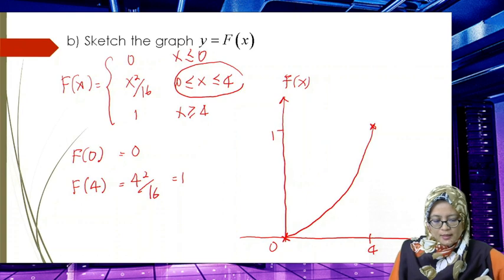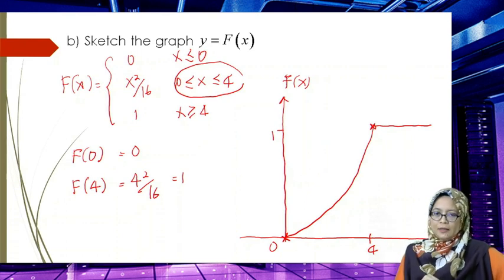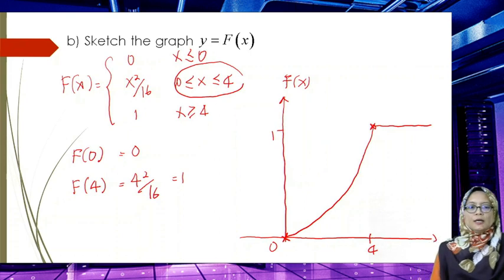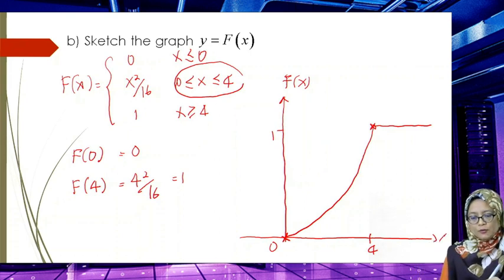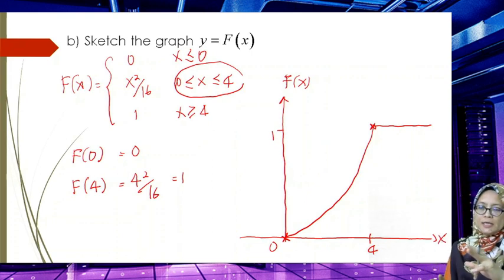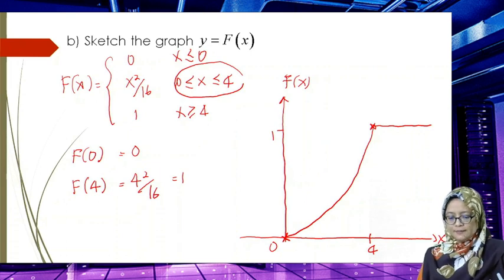So dia dah static. So start daripada 4 and the rest of the interval, nilai dia dah jadi 1. So itu untuk function graph for cumulative. Dia macam bentuk OGIF. Tapi dia akan ambil function asal pada function awak tu lah.